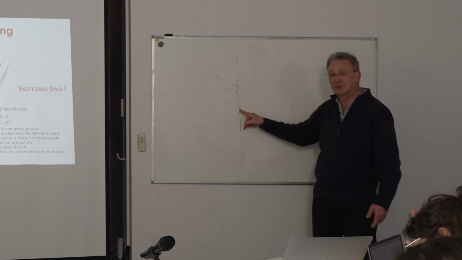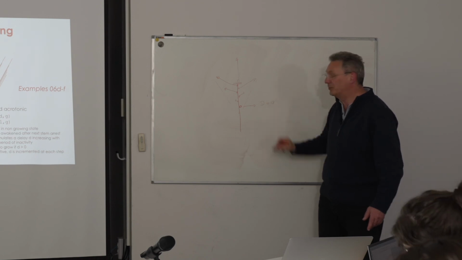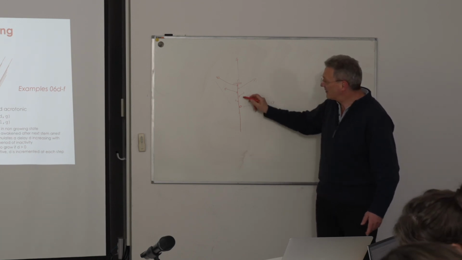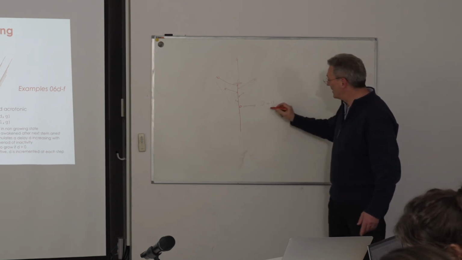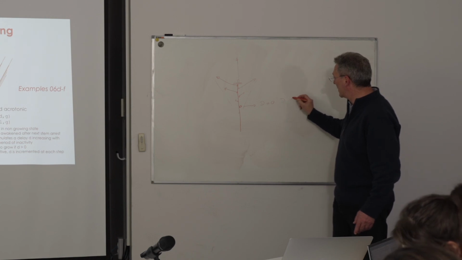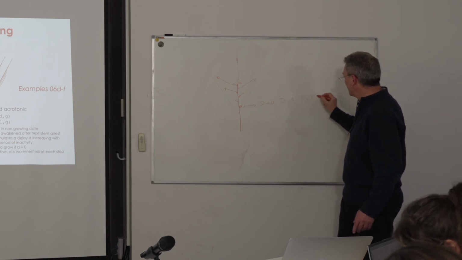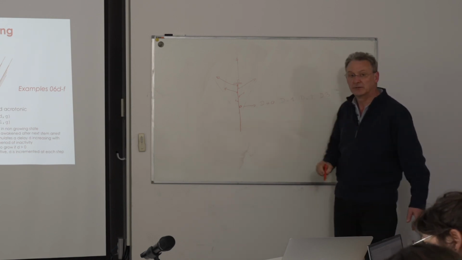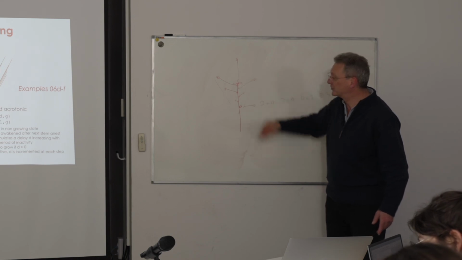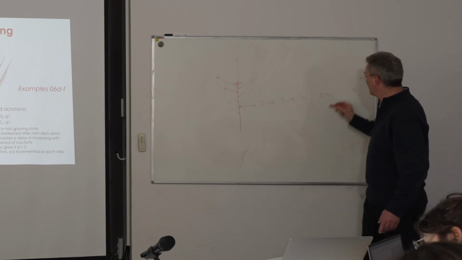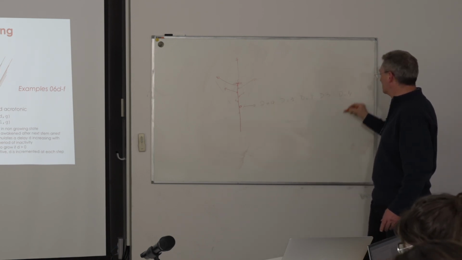The delay corresponding to this bud at the beginning would be 0. As time is passing, the delay will increment. The delay will become 1, then 2, then 3. And when the bud here starts to be dormant, the delay is maybe 4.